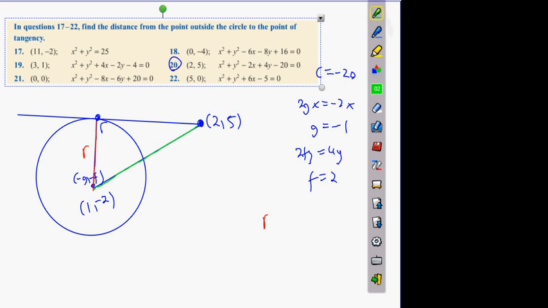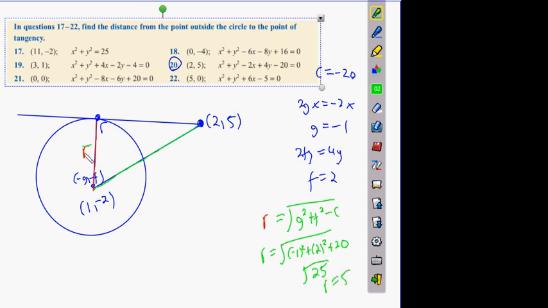So r equals the square root of g squared plus f squared minus c. Put that in: -1 squared plus 2 squared plus 20, square root of 25, radius equals 5.